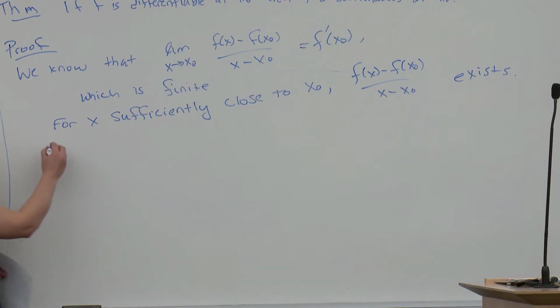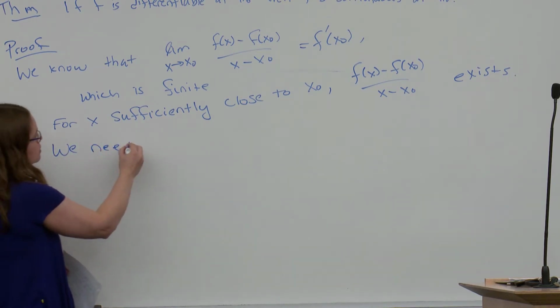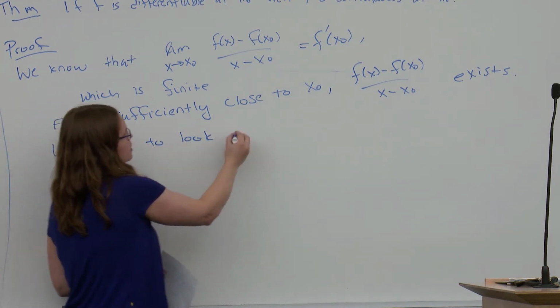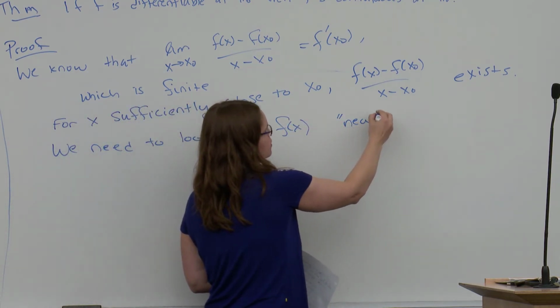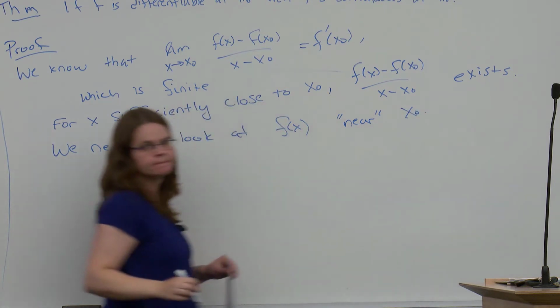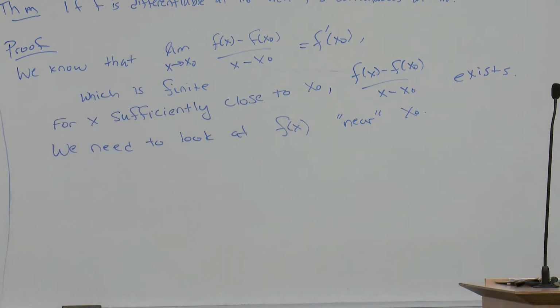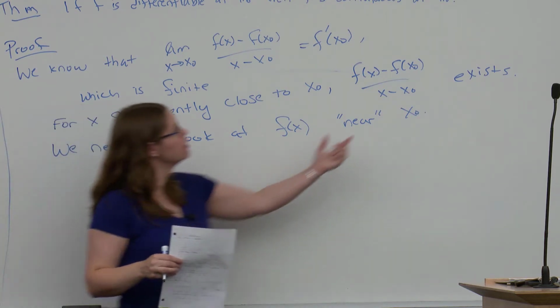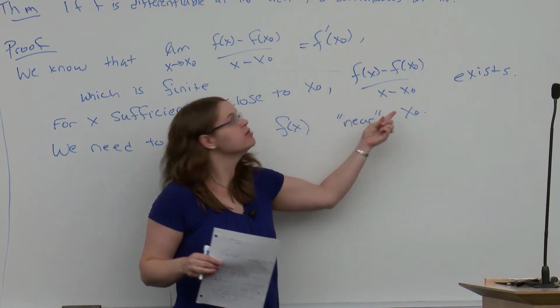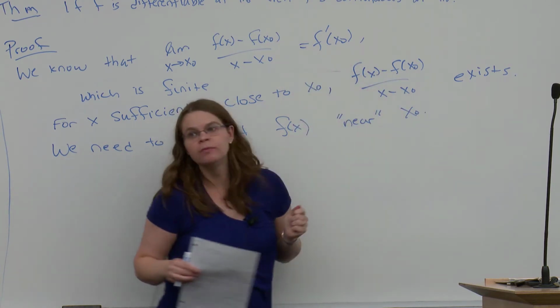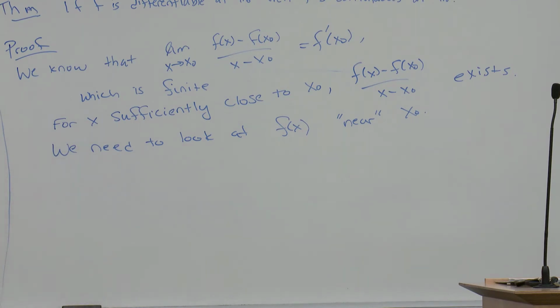So we need to look at f of x itself when we're close to x naught. Okay, so what I'm going to try to do is take this expression that I know a little bit about. At least I know that it exists and I know what its limit is. And we're going to try to relate it to f of x itself.